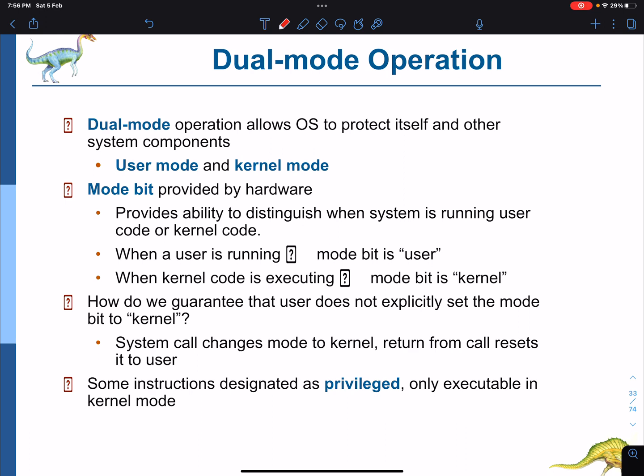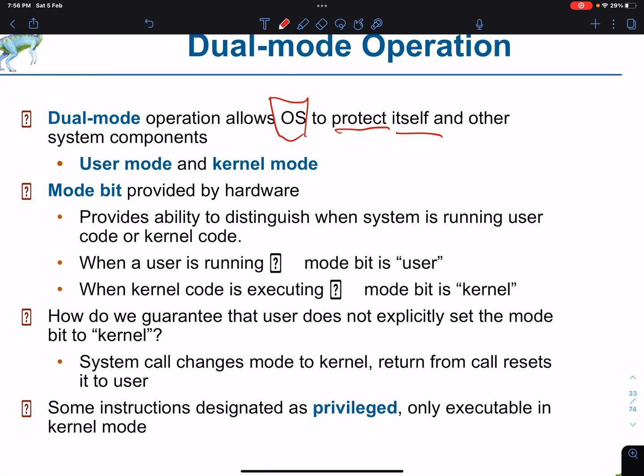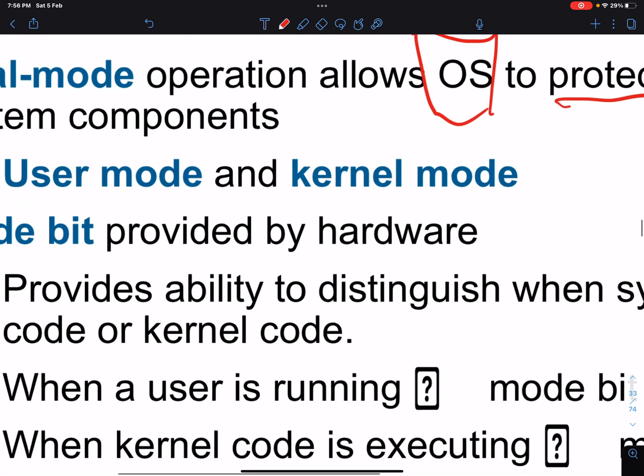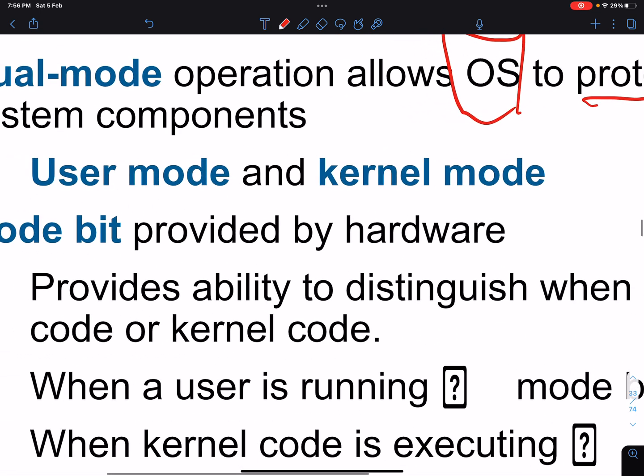Now, dual mode operation allows the operating system to protect itself and other system components. How? Well, you have two modes. You have something called user mode. What is user mode? It's the mode when you run your own programs.